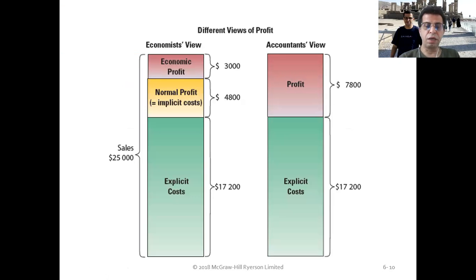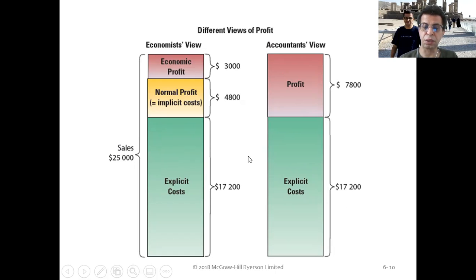And if you look at another example to see it differently, in the accountant view, your revenue is 25,000, your explicit cost is 17,200, so you end up with a profit of 780. On the other hand, in the economics view, you're still investing 25,000.